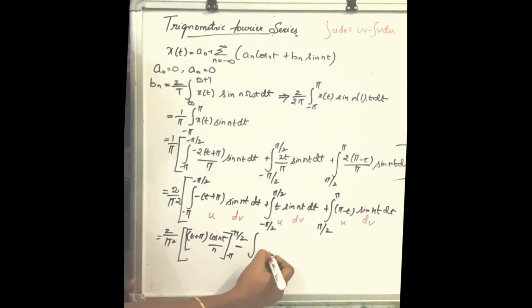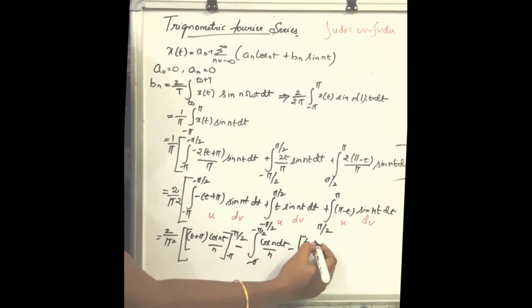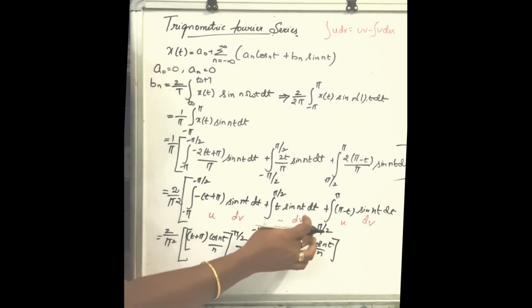For the second part, it is minus t cos nt by n.